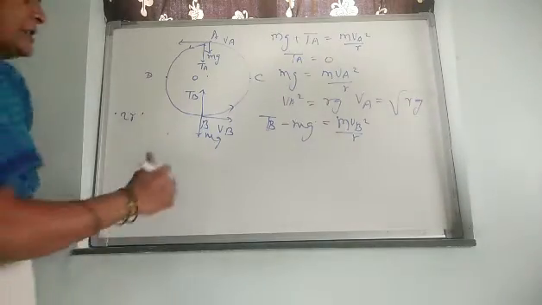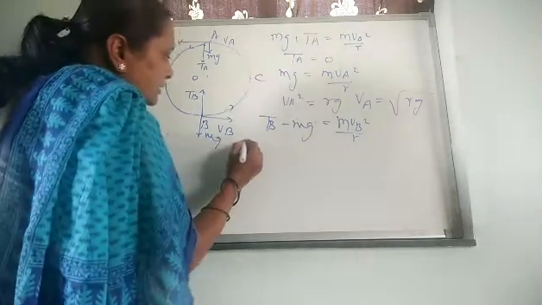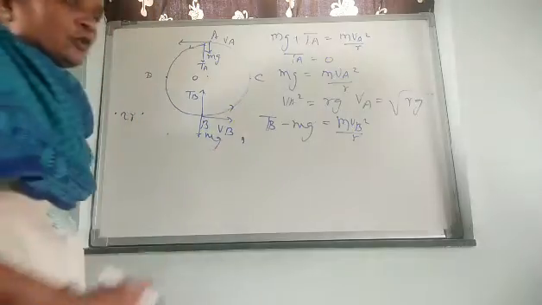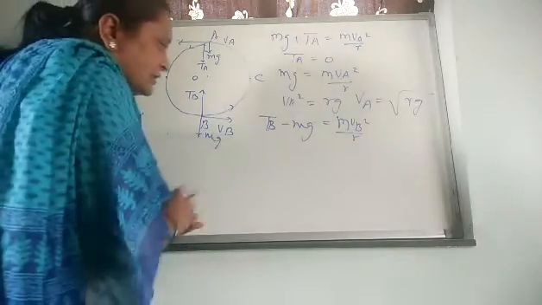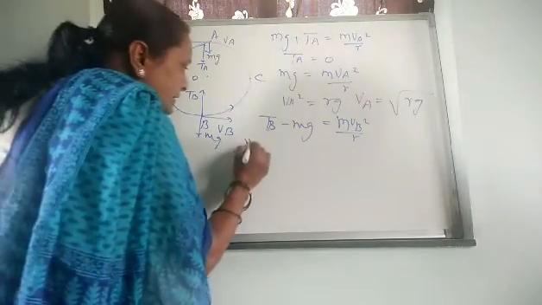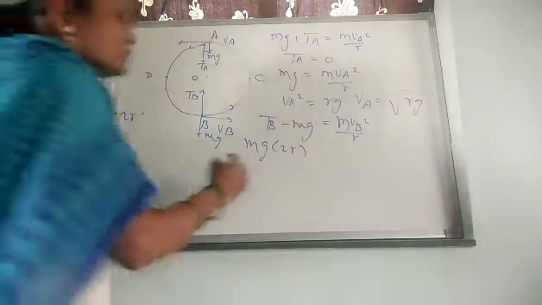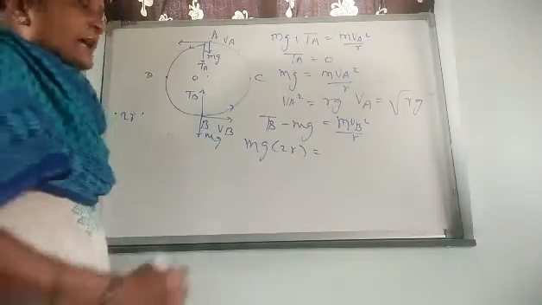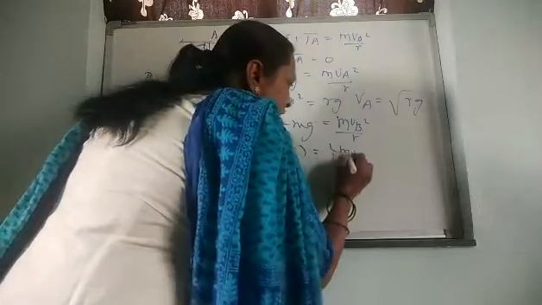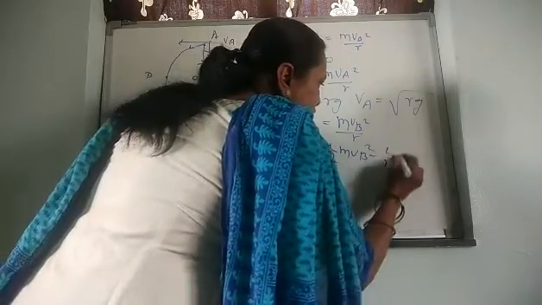Potential energy is mgh, and h is 2r, so mg into 2r is equal to 1/2 m vb square minus 1/2 m va square.